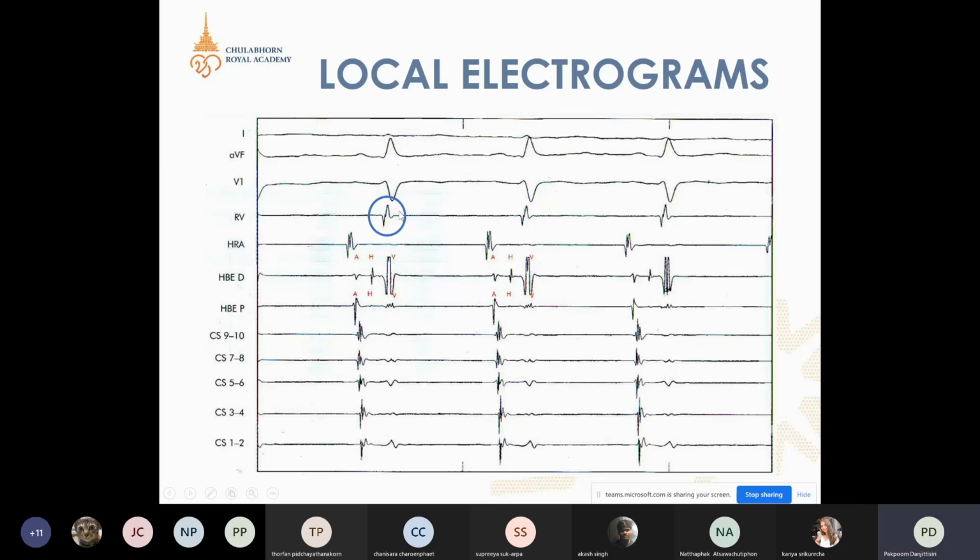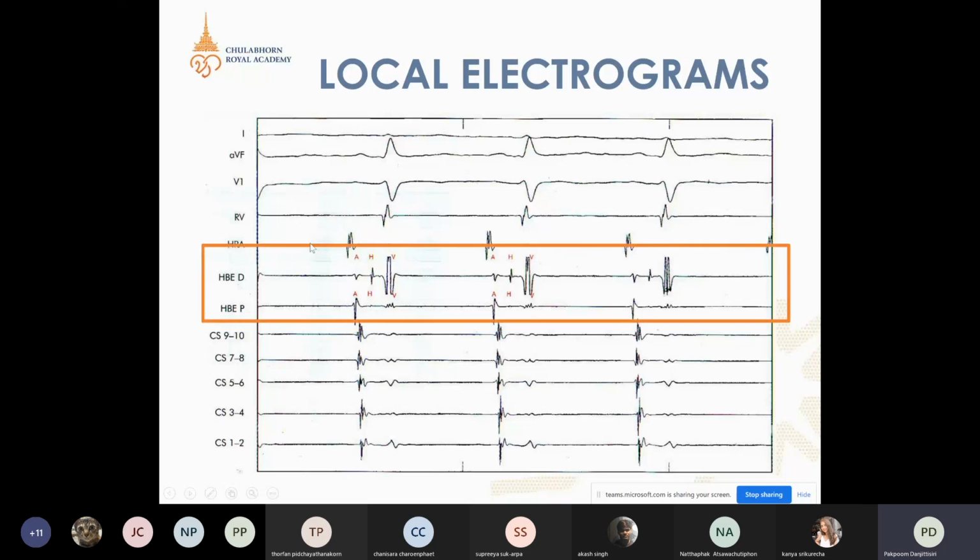In order to differentiate the ventricular electrogram from the atrial electrogram, the atrial electrogram will be aligned to the P wave here. Okay.